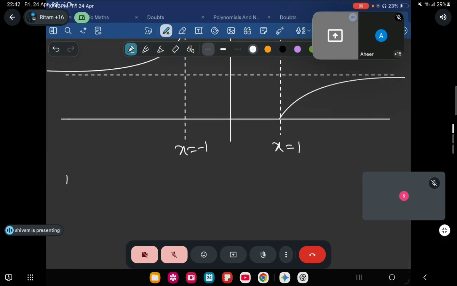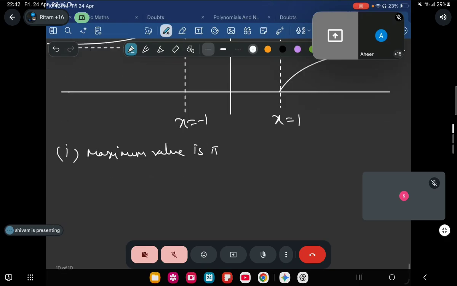Next. What is the maximum value? Maximum value is pi. And minimum value is equal to 0. Next, number 2.